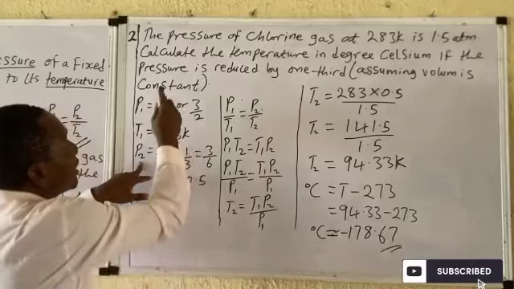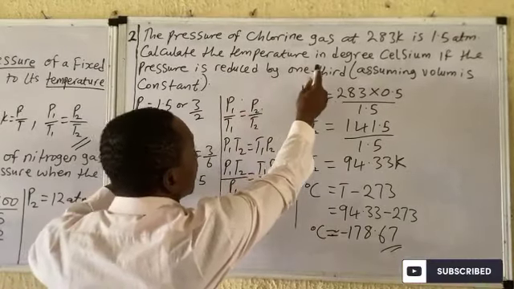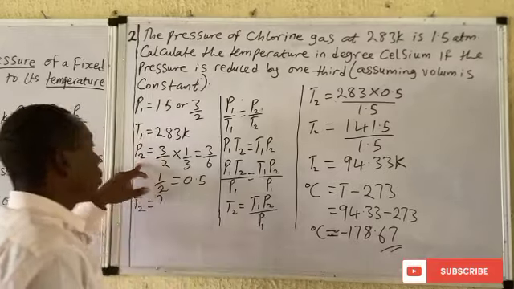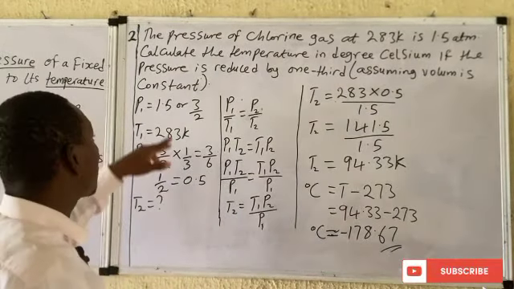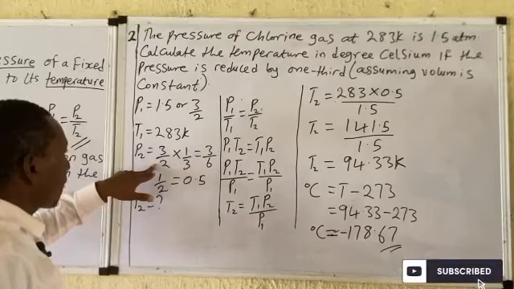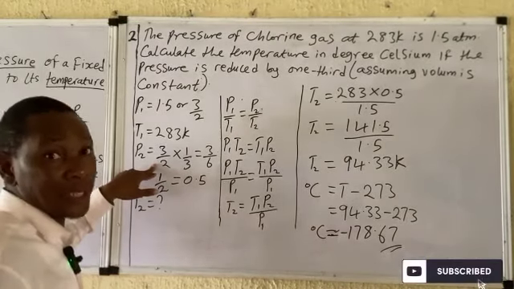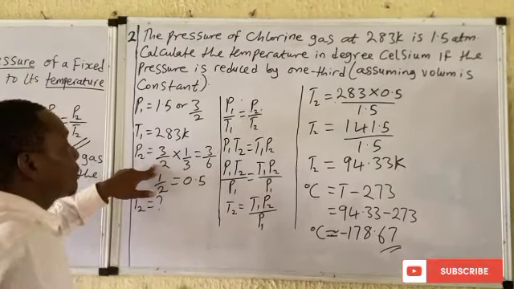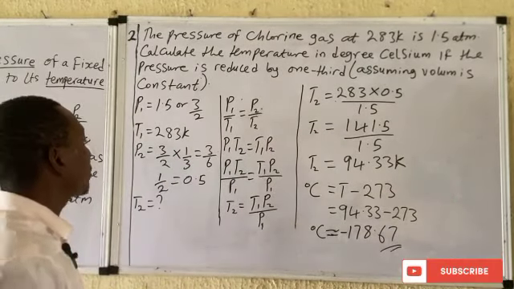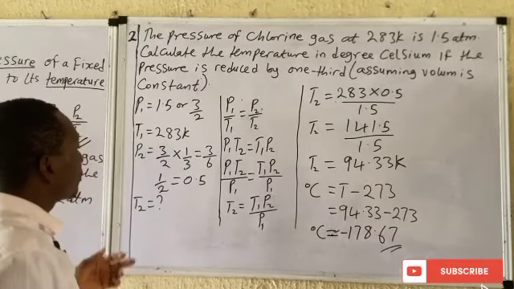P2 states that you should calculate the temperature in degrees Celsius if the pressure is reduced by 1/3. So the P1 is 3/2. Now you are reducing it by 1/3, right? So you divide it by 3, or you simply multiply it by 1/3.